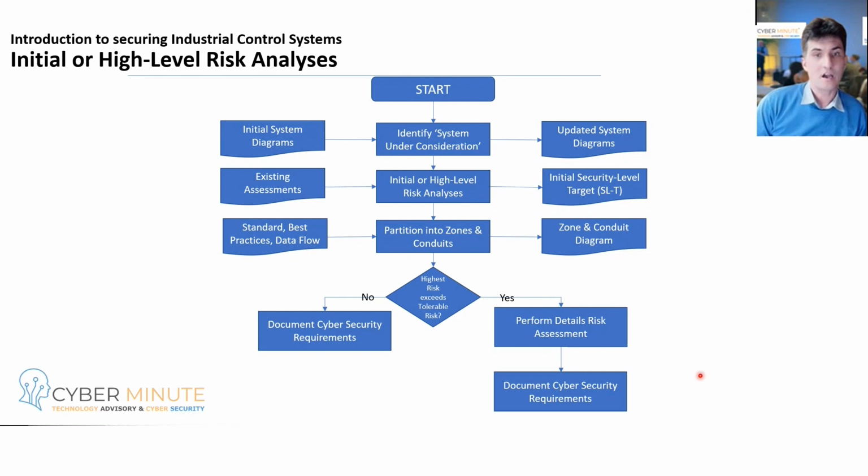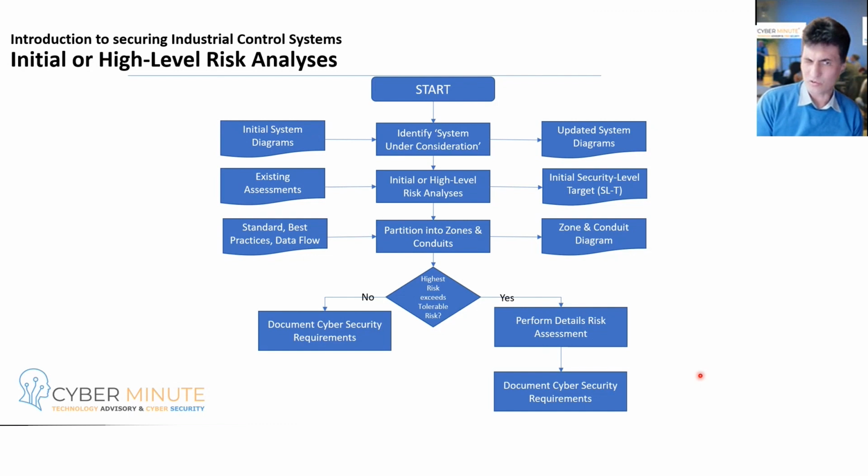There are, however, some differences, and I think a very important one is that we start our risk analysis when we start designing our system. As soon as we have a first assessment of what we will be building, how it will look like, we will start doing risk assessment, and we will use initial system diagrams.